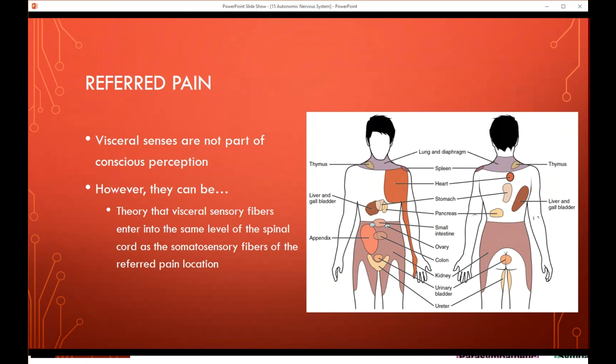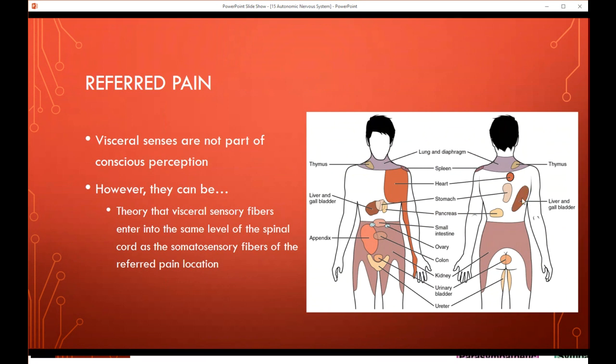The theory here is that we have visceral sensory fibers, and they actually are coming in at the same level of our spinal cord as our somatosensory fibers of the pain location. So if we start to have a heart attack, for instance, we might start to feel pain down the left arm.